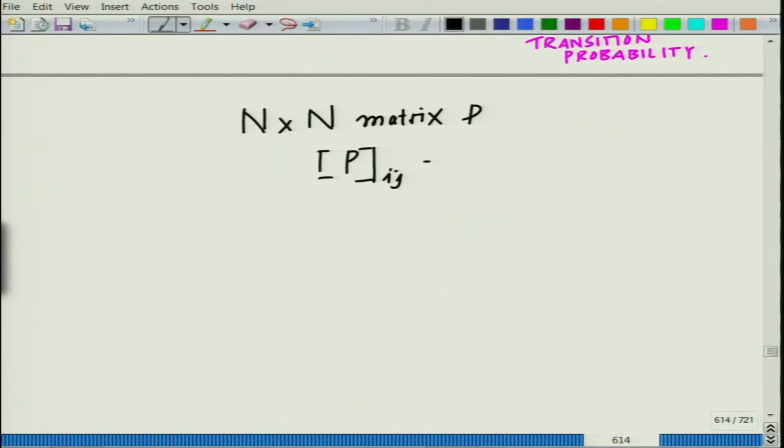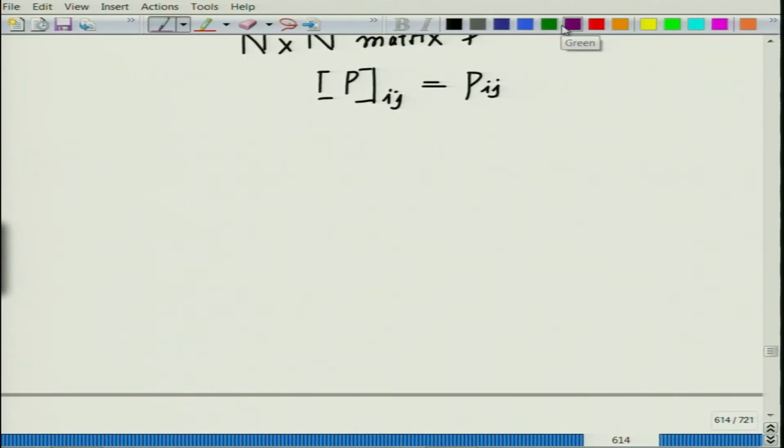such that the ijth element of P is basically Pij, which is again the probability that Xn plus 1 equals Sj given Xn is Si.